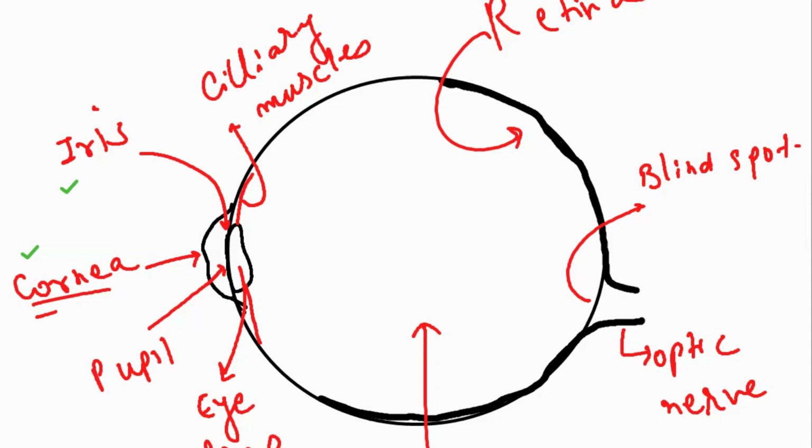What is the pupil here? You can see the pupil is also here. The pupil is just the hole in the middle of the iris, and it looks black because no light can reflect through it. Sometimes it's black, for someone it's golden, for someone golden green. It depends from person to person.